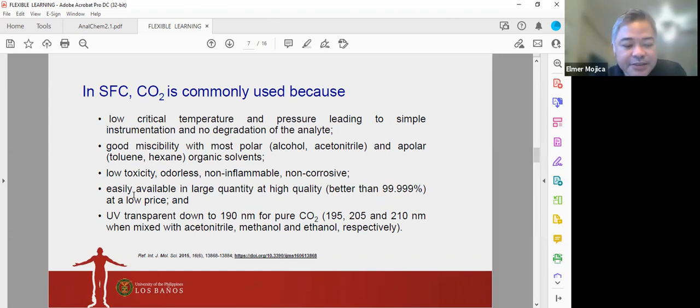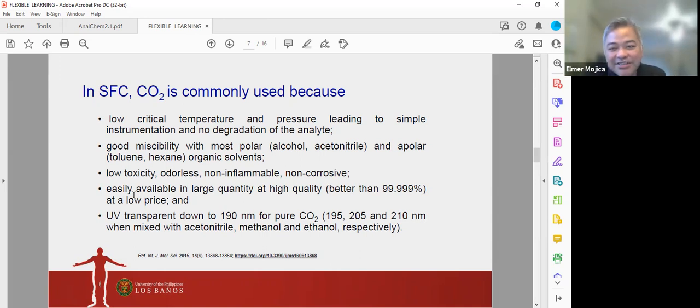Another thing, it has good miscibility with most polar materials like alcohol and acetonitrile, and non-polar materials like toluene and hexane, organic solvents. It has low toxicity, is odorless, non-flammable, and non-corrosive. It's easily available in large quantity at high quality.